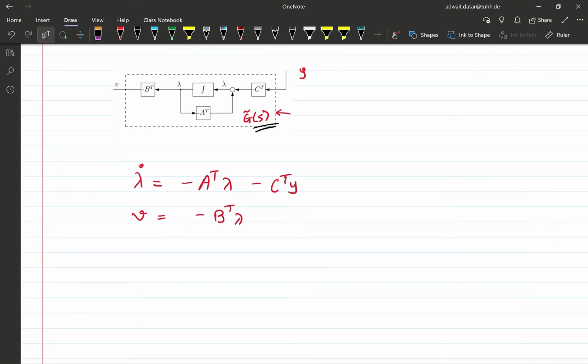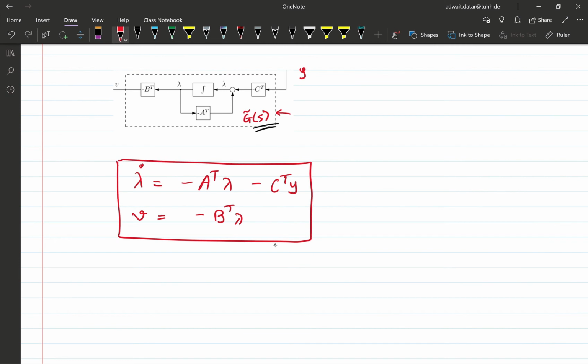So we already have a state space representation for G tilde of S.